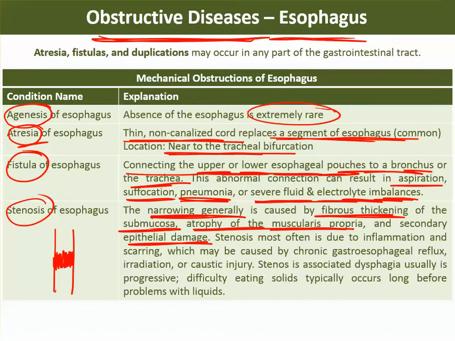You see more skeletal muscle in the upper one-third, in the middle one-third a mixture of skeletal muscle and smooth muscle, and in the lower one-third you will see only smooth muscle.